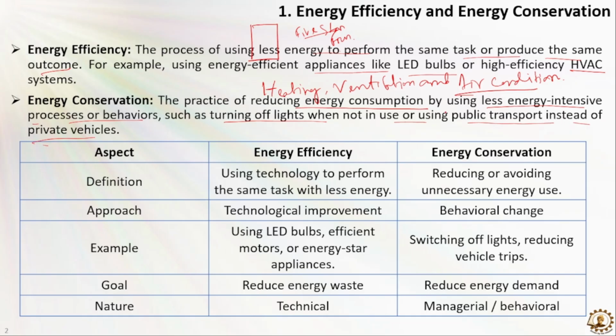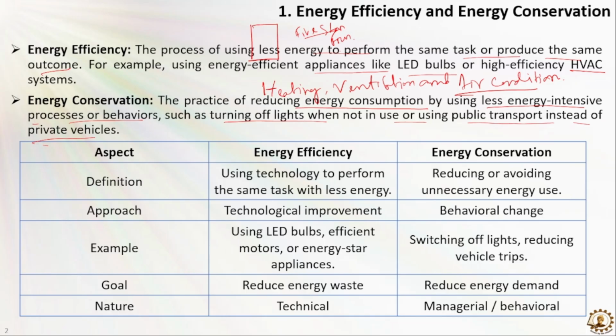That means we should make ourselves conscious that when we are leaving our room, we should turn off all the electric appliances. If any indicator or charger is plugged in, there may be an indicator on, so it will consume some energy. So these kinds of small behavioral changes can also conserve energy.